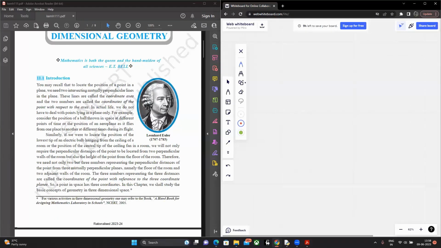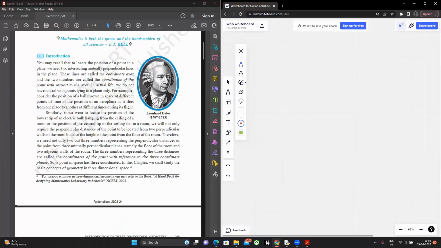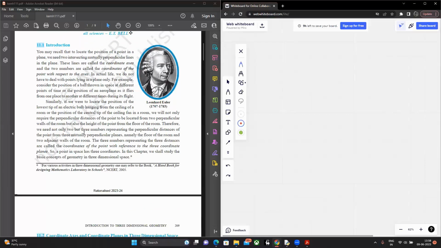So what we deal with is the mathematical representation of what space is and how you do that in geometrical terms. The first thing you see in this chapter is the representation of the coordinates, that is the coordinate axes and the coordinate points.